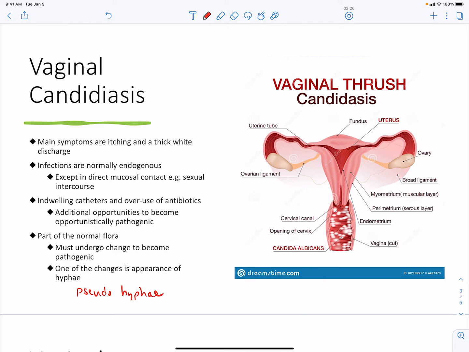These are not true hyphae, so you have your yeast and then you have pseudohyphae, and it basically is a bunch of budding yeast that stick together.